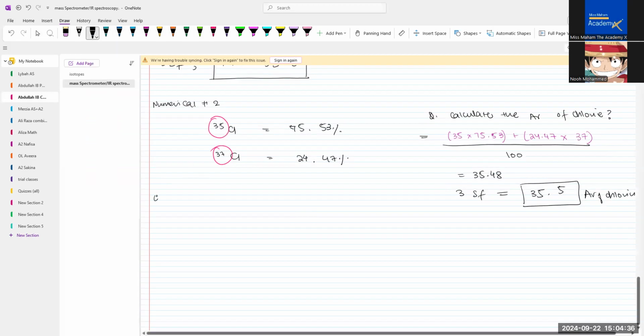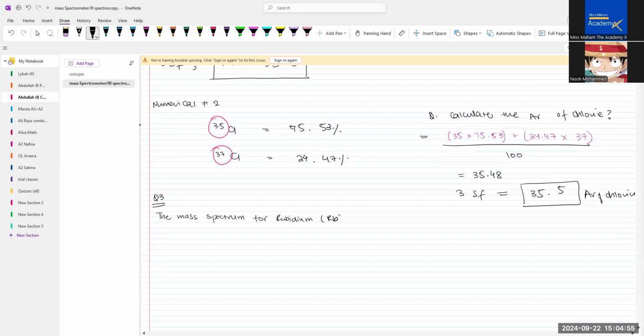This is question number 3. Question number 3 states, the mass spectrum for rubidium is given below. What isotopes are present in rubidium?